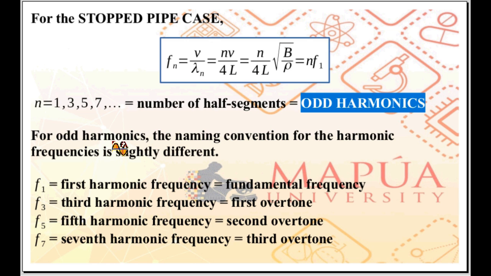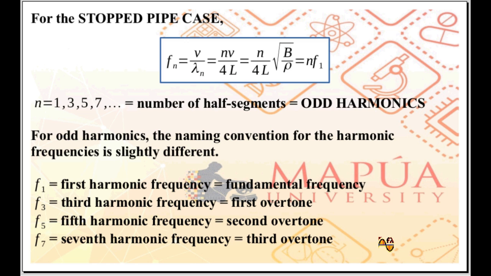For odd harmonics, the naming convention for the harmonic frequencies is slightly different. So please take note of this. For odd harmonics, we have F1 is the first harmonic frequency or fundamental frequency. The next frequency after F1 is F3.